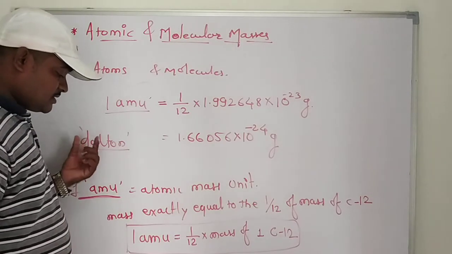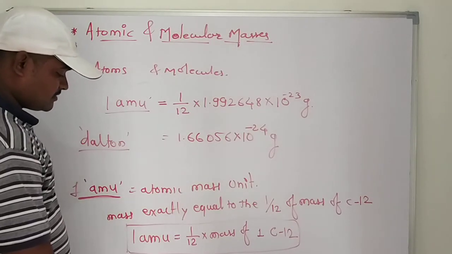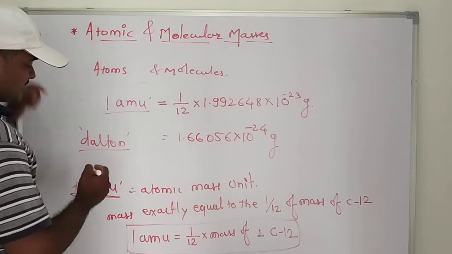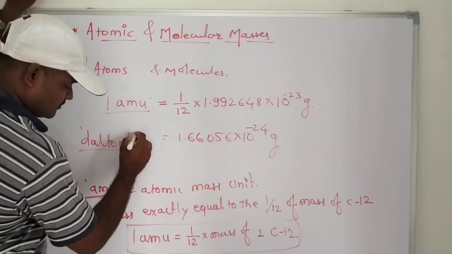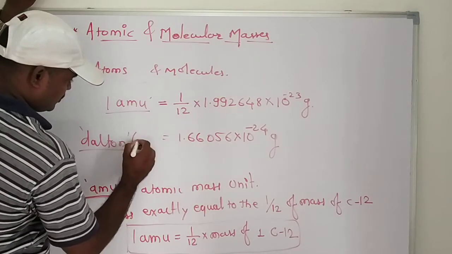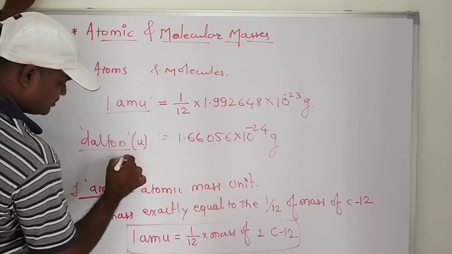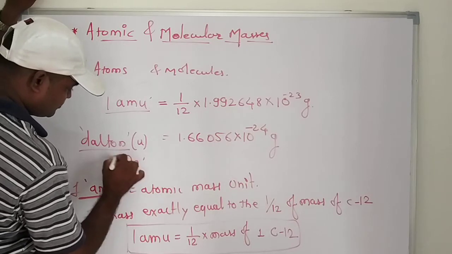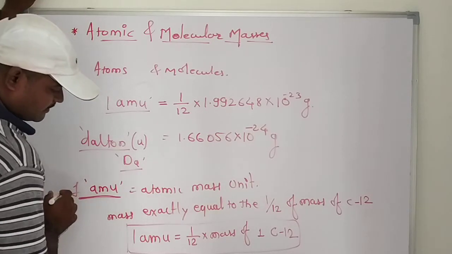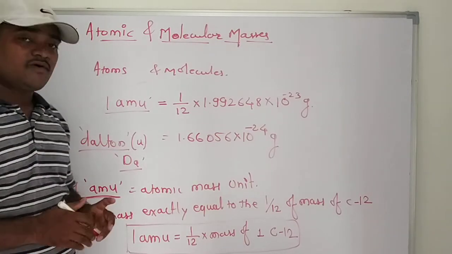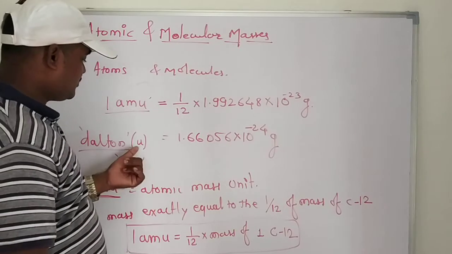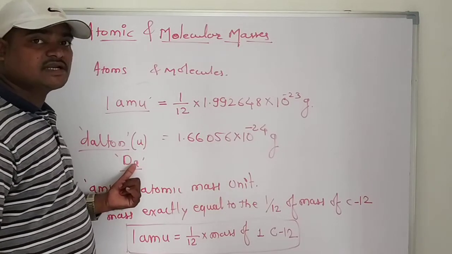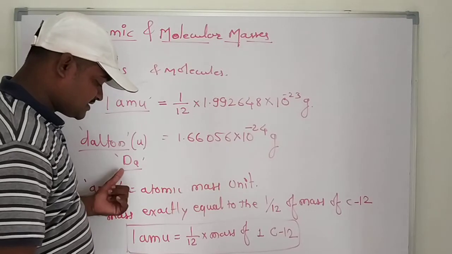And students, the symbol for this Dalton which we are using is small u, or instead of this we can also use Da, capital D and small a. U stands for unified mass and this stands for Dalton. Both have the same meaning.